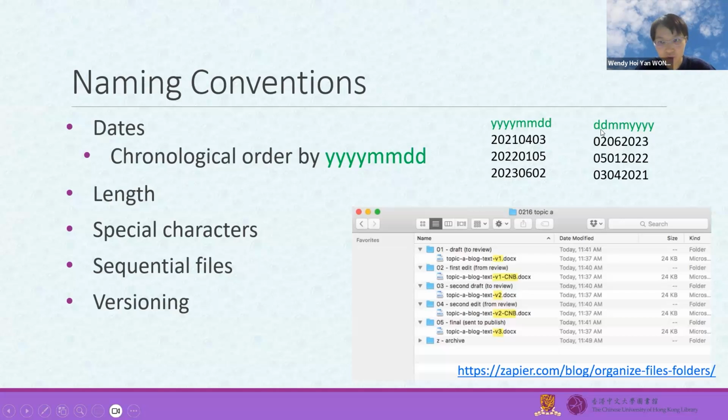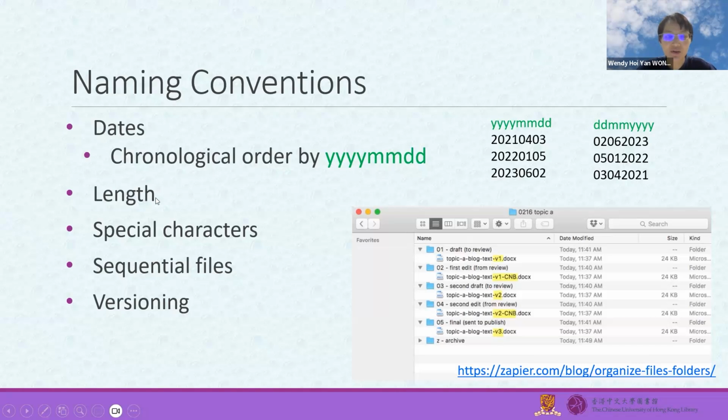But if you put the dates first, for example, the second and then fifth and then the third, then you will see that the year 2031 will come first. So this is not in a good order. This is how you should think about your data naming. If you are using chronological order, I would strongly suggest having the year come first.